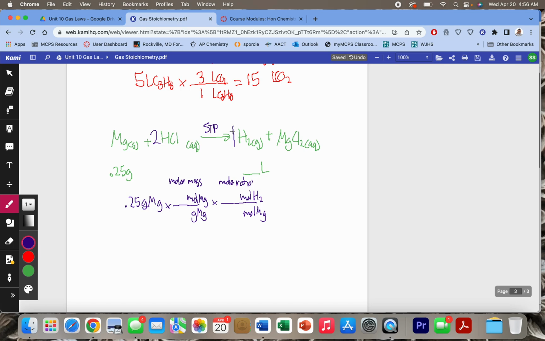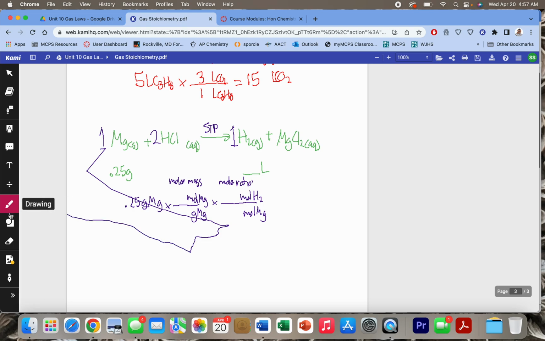And that one, if we look, there's 1 mole of H2. There's an understood 1 here, right? So 1 mole of H2 and 2 moles of HCl. So, and 1 mole of Mg. Right, so it's 1 to 1. So we can just put 1 and 1.